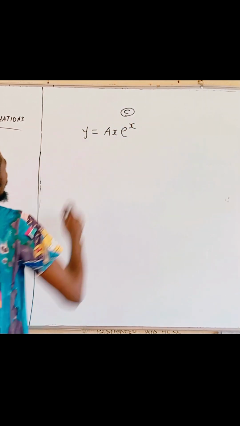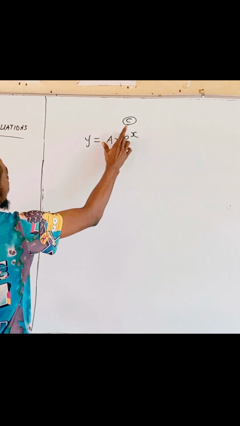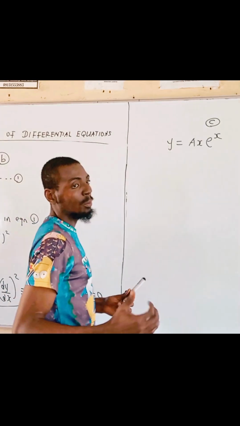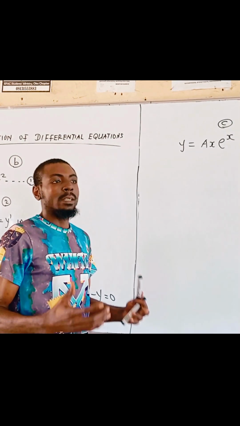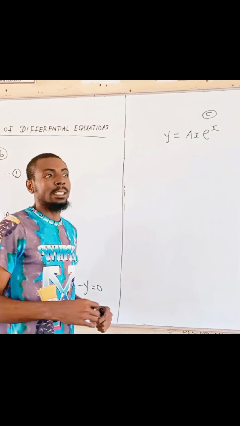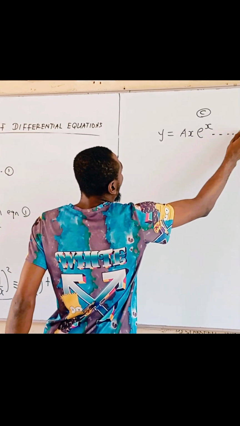So this looks like a product rule we're going to use. There are two functions, ax multiplying exponential x. It is easy to make a the subject, like I said before. If making the arbitrary constant the subject is easy, just go ahead and do it. But if it's not easy, we take the alternative way. So let's call this equation 1.